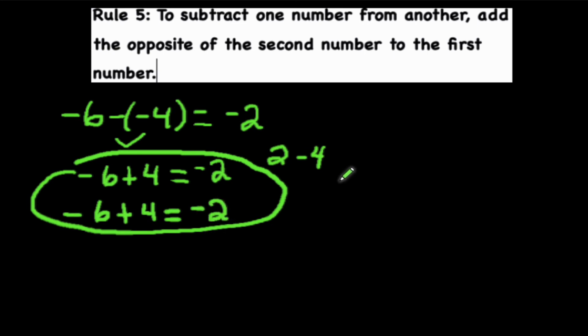All right, so now let's take a look at 2 minus 4. So you're doing the same thing, right? So you take the 2, leave it the same, and you're going to turn this minus into a positive. And the opposite of +4 is -4. So as you can see, you'll end up with the same result of -2 because you're subtracting the smaller absolute value from the larger absolute value, and you're giving the same sign as the greater absolute value in your answer.